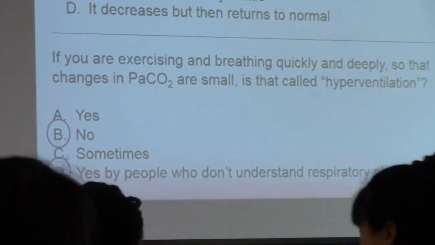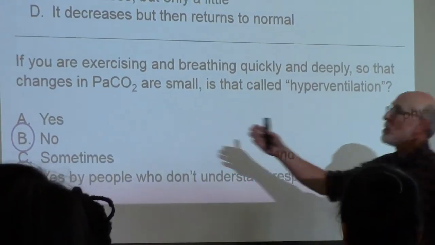You're breathing fast and deep, but the changes in arterial PCO2 are small. Do we call that hyperventilation? Two correct answers. Okay? The answer that I hope you will use is no.